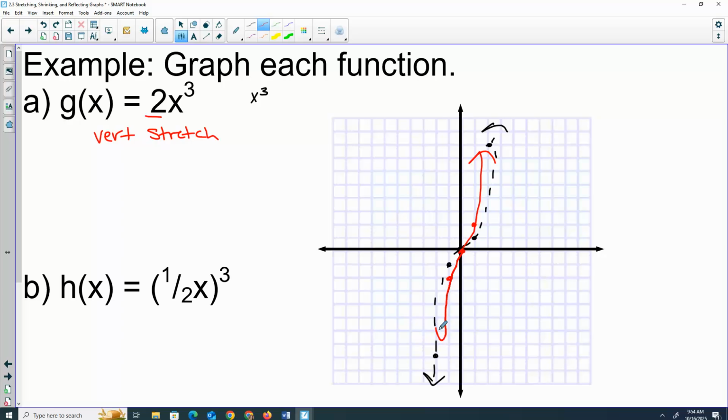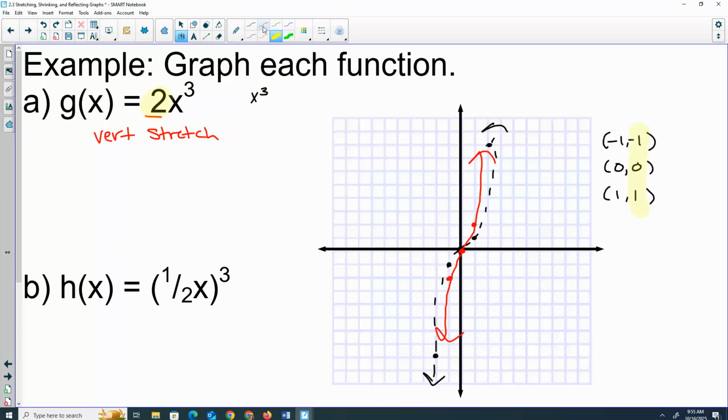Now, sometimes people have trouble with these. Here's my suggestion. If you are struggling with how we got those points, write out the ordered pairs. Those were the points on my original graph. I told you outside changes y and it does what it says.